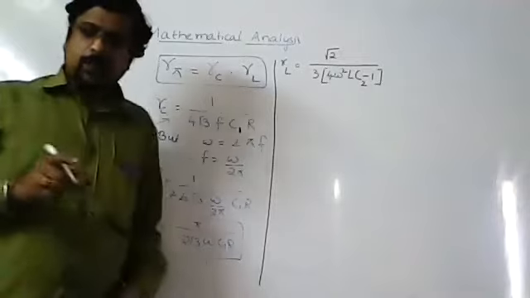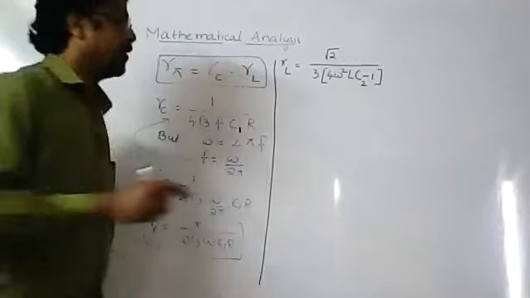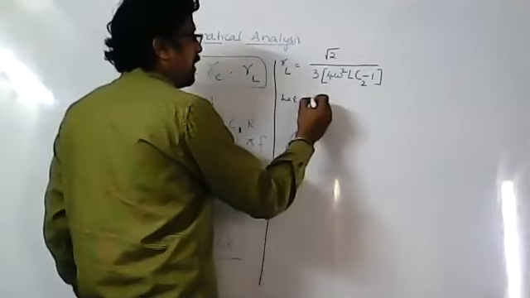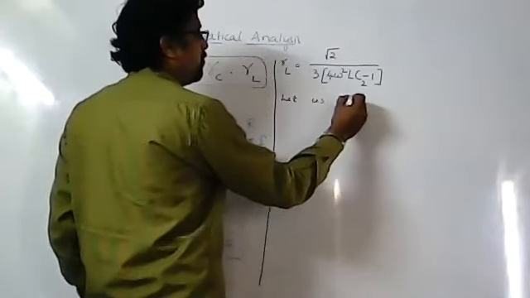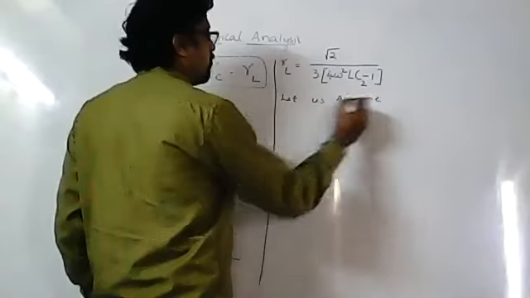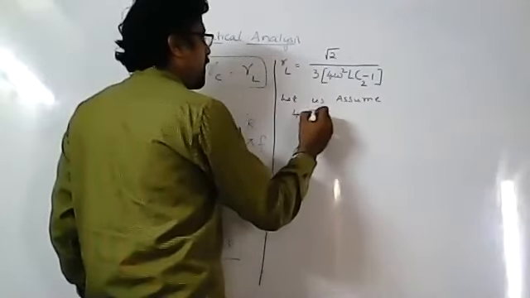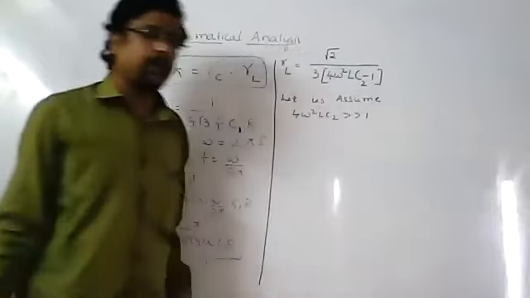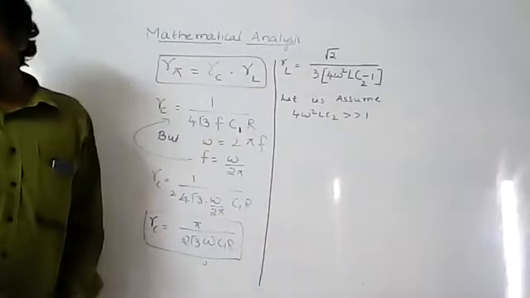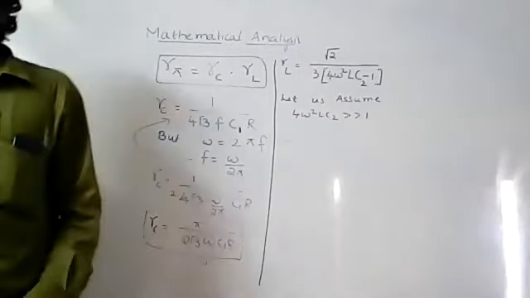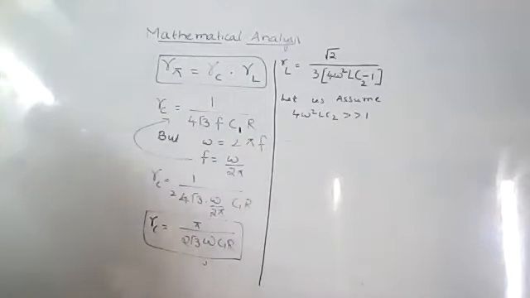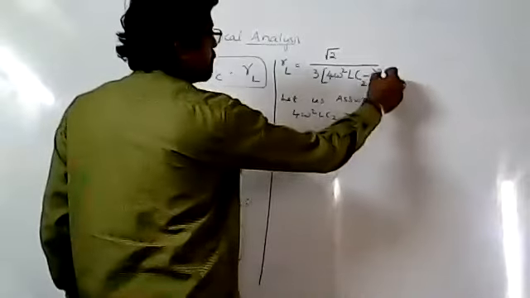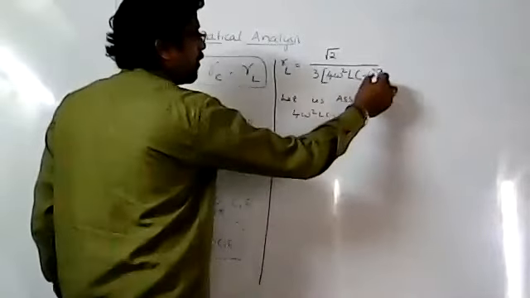Now to make it more simplified, let us assume 4 omega square LC2 is far greater than 1. So I can eliminate this part, 1.